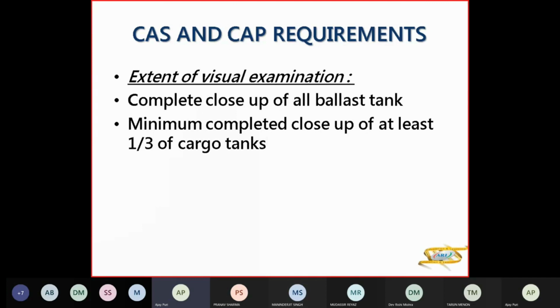मैंने किया था, and incidentally I was a master और मैंने नया कमांड लिया था और मुझे लगाया गया था for close-up survey with another sailing master. We were doing during sailing, टैंक में पानी भर लिया था पूरा टैंकर में, सेंटर टैंक.